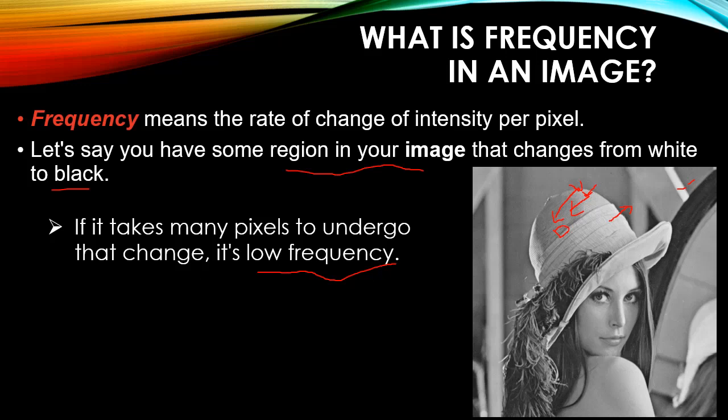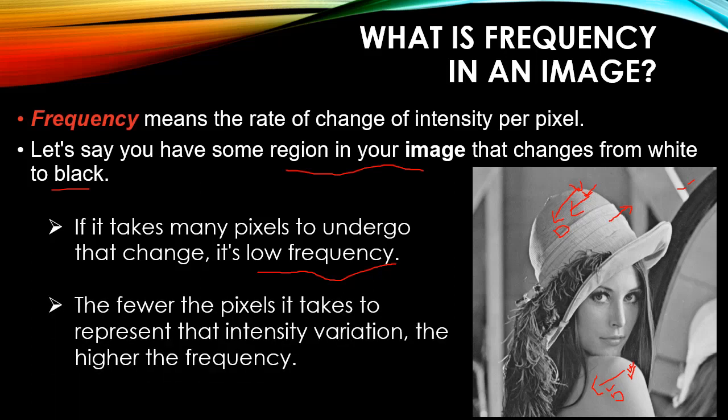And similarly you can find one more here. From this part to this portion, the skin tone, it's white here and it's dark here. So this is the low frequency part in the image. But if you consider this portion here, it's black and suddenly it changes to white here, or vice versa if you go the other way.